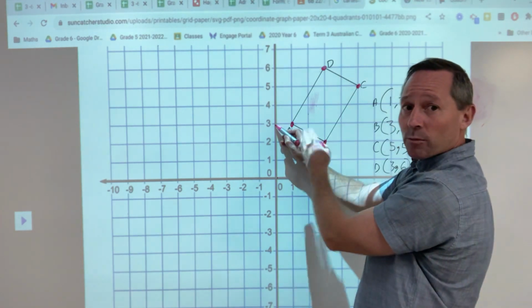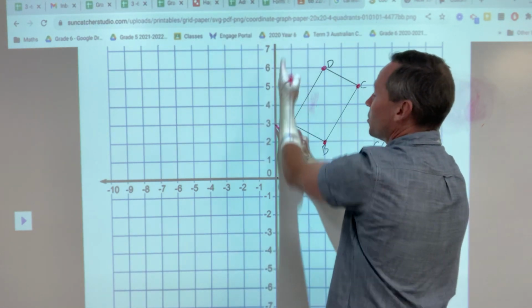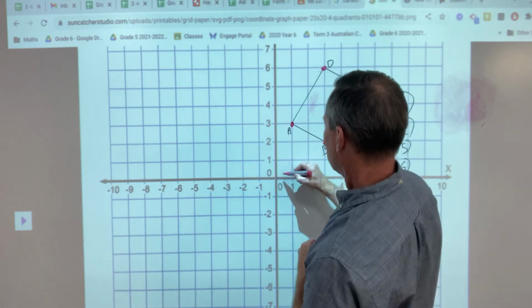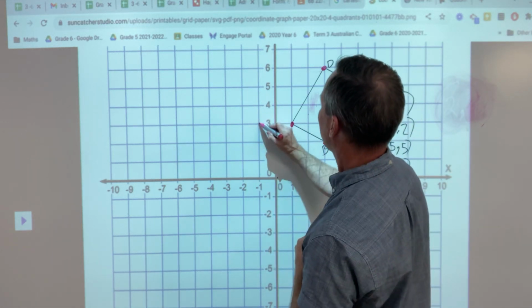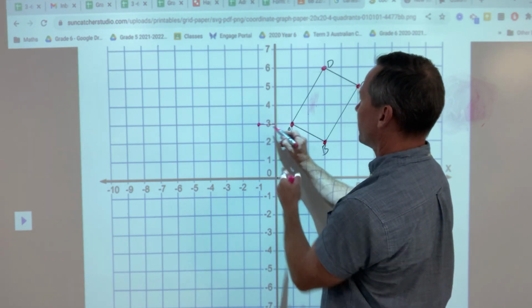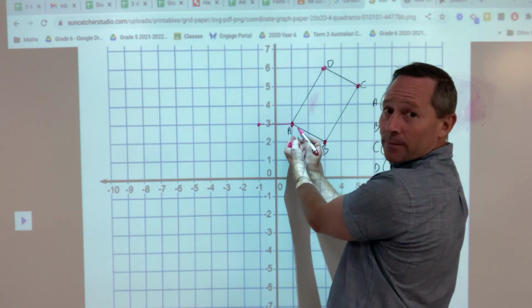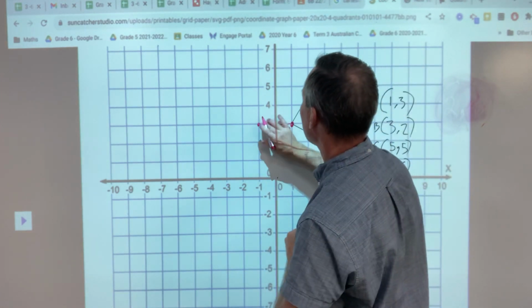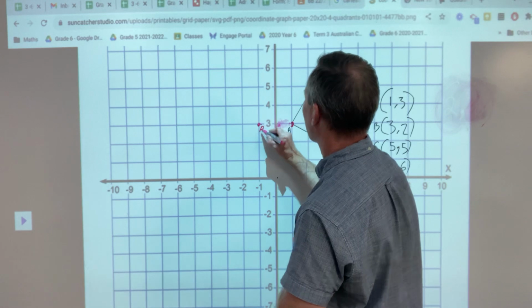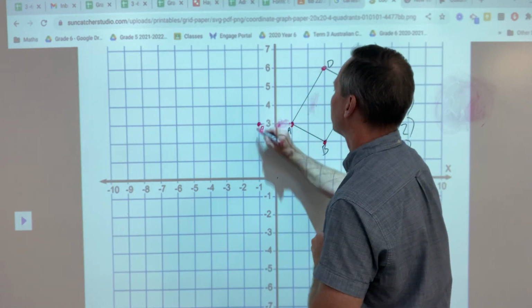So let's just say I'm reflecting this across the y-axis. Here's the y, which means this one here should be here. You can see there's this much space is equal to that one there. So this would be my label A. Okay? Right there.